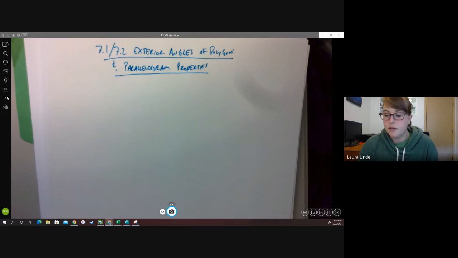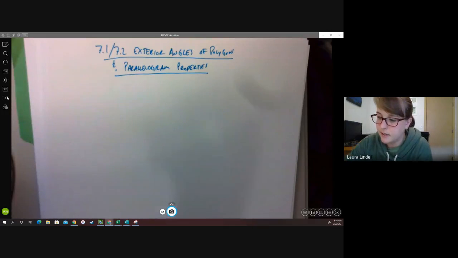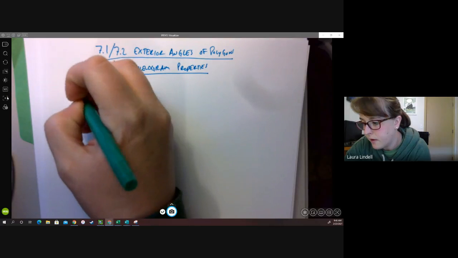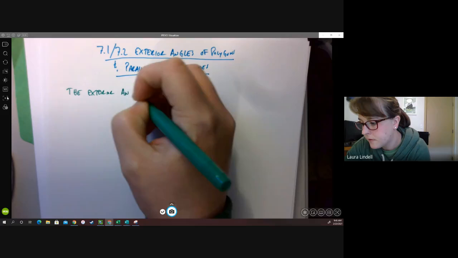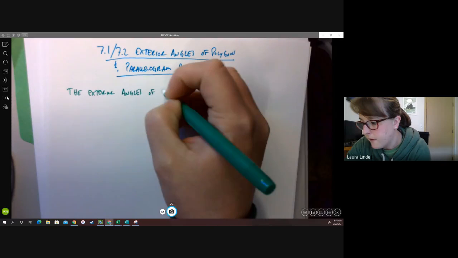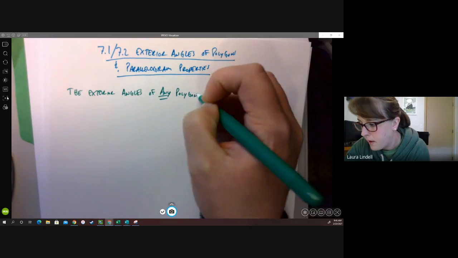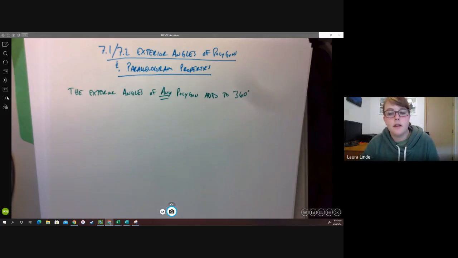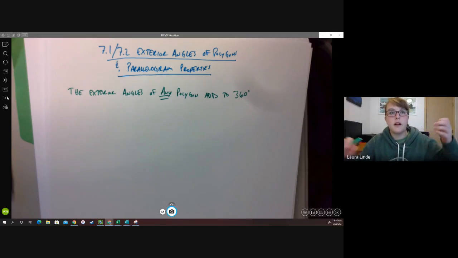So first, exterior angles of polygons. The first thing we need to know about those is that the exterior angles of any polygon add to 360 degrees, which is what makes it so convenient, because the interior angles for polygons add up to different things based on the number of sides.